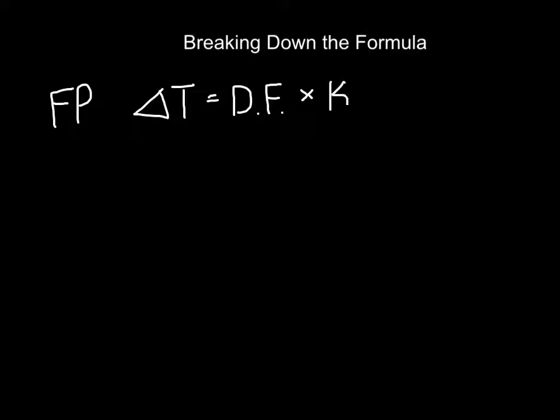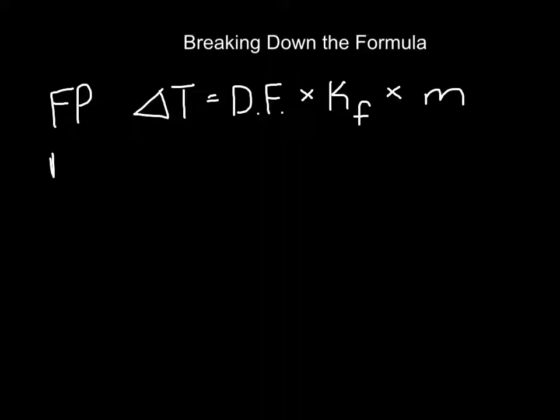Here's the equation you use to calculate the temperature change when colligative properties are applied. For the freezing point, delta T, which is your temperature change, equals the dF of the substance times Kf, which is a constant, times the molality of your solution.